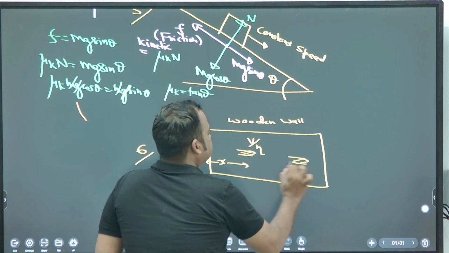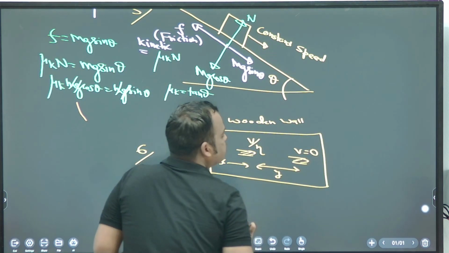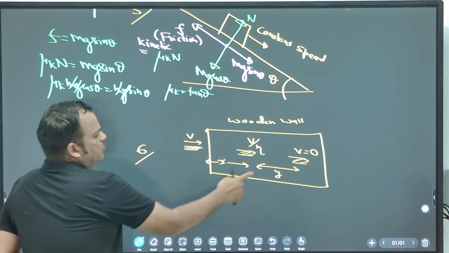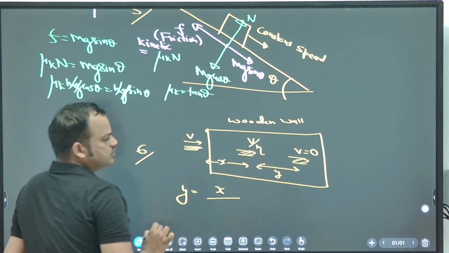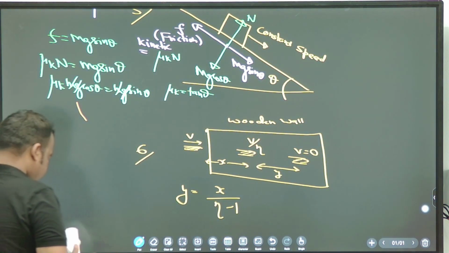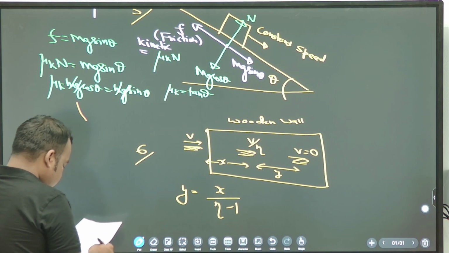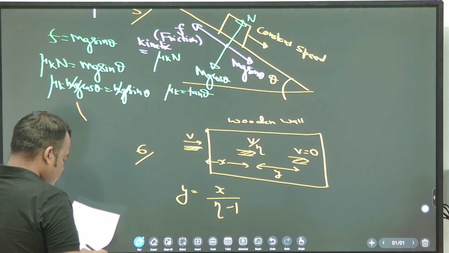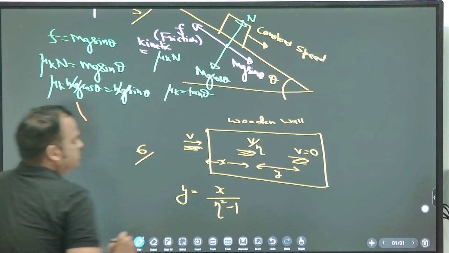After traveling further y distance, velocity becomes 0. So what is the formula for y? X by eta square minus 1. Very good. Eta square. Yes, correct. Good.